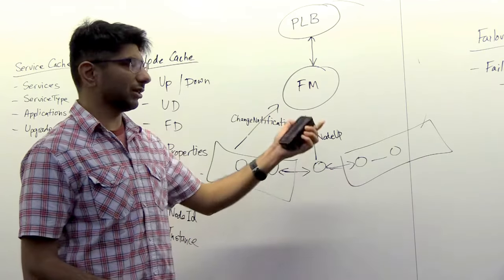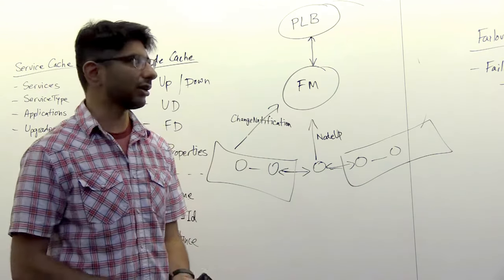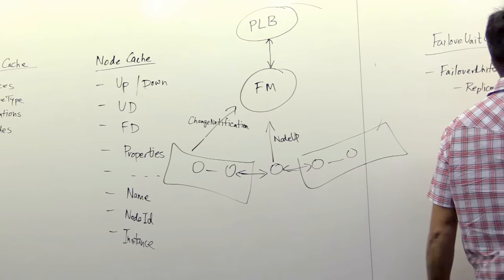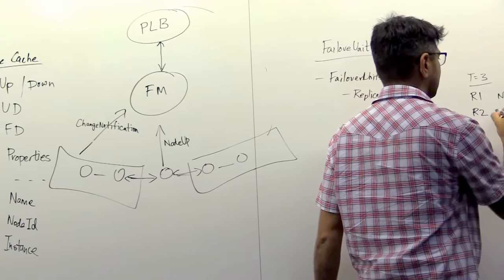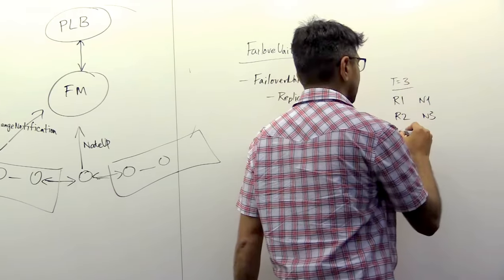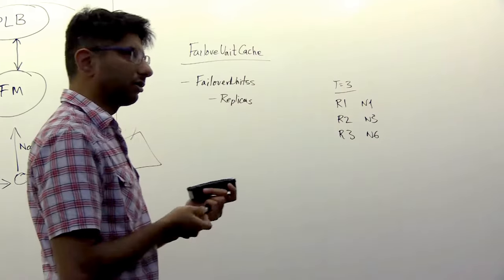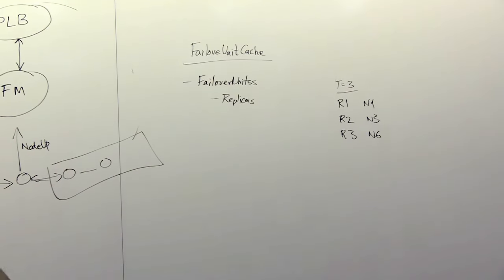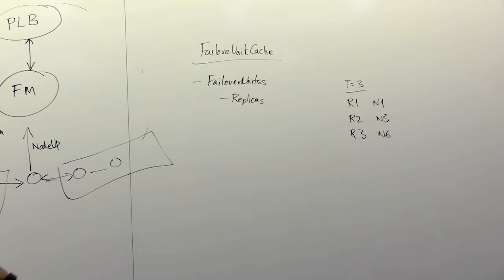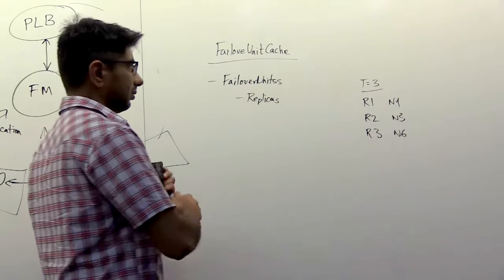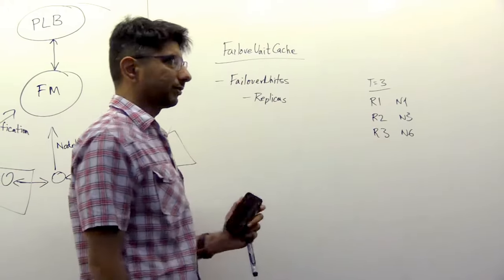Based on that, it says, here are the 3 replicas: replica 1 on node 1, replica 2 on node 3, and replica 3 on node 6, for example. This is where you go and create the placement. Then we add these 3 replicas.